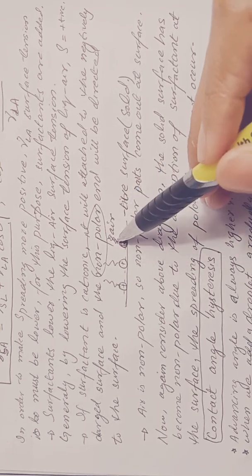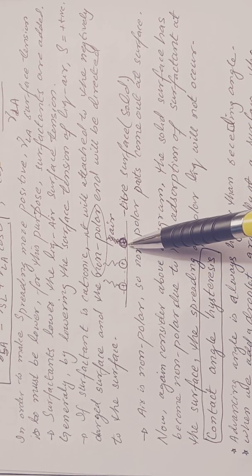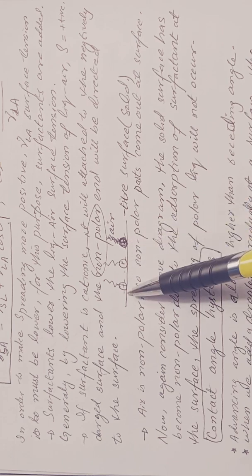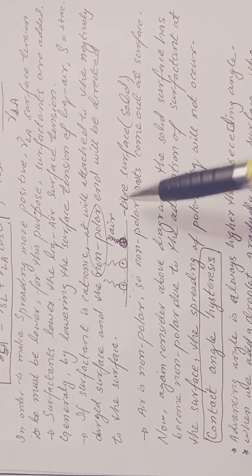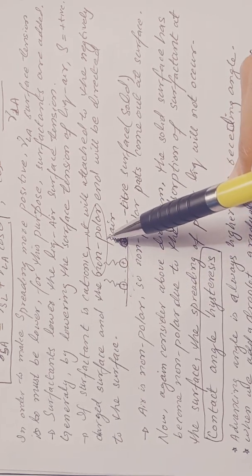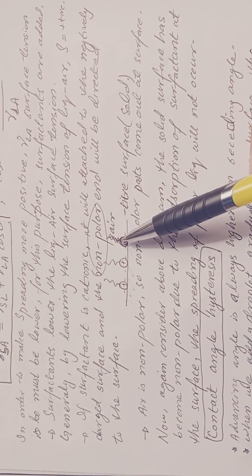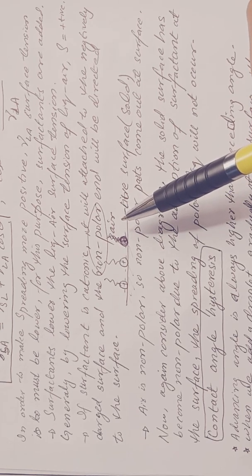These are the polar heads and the non-polar tail. So here we can see that the positively charged head is directed to the negatively charged surface of the solid. So why are these non-polar parts coming out to the air? Because the air is also a non-polar material.